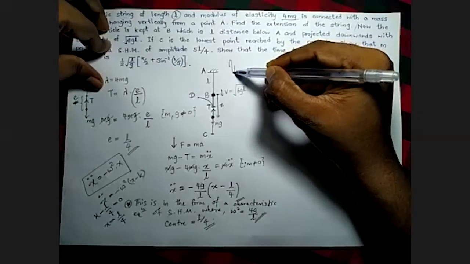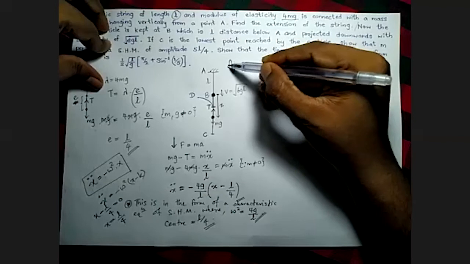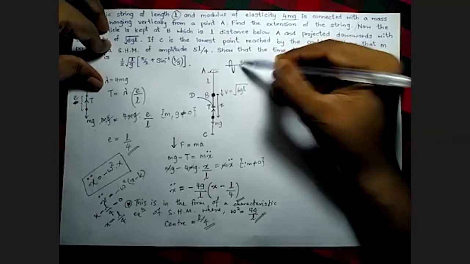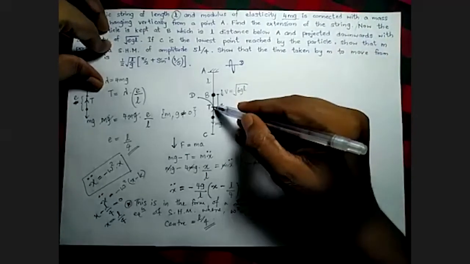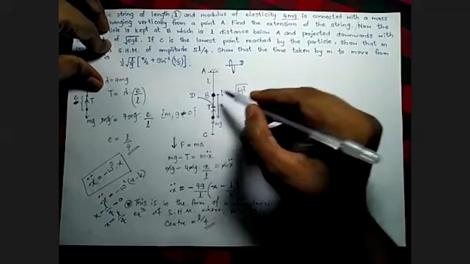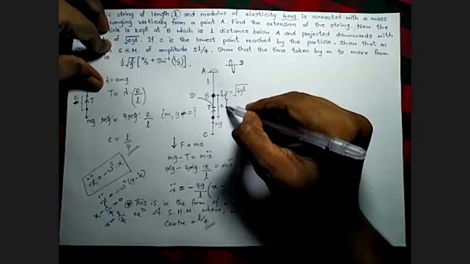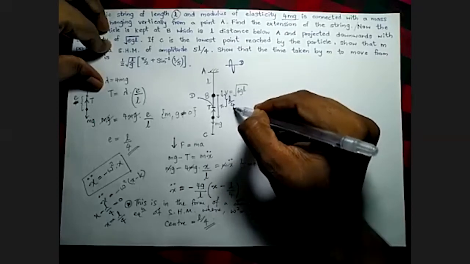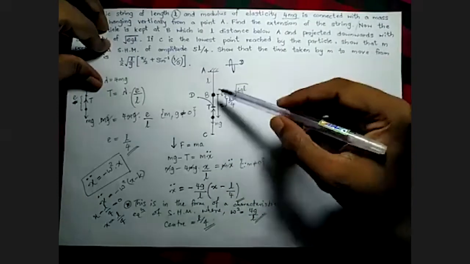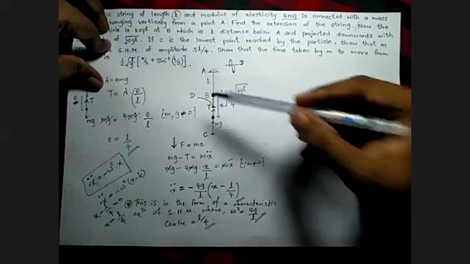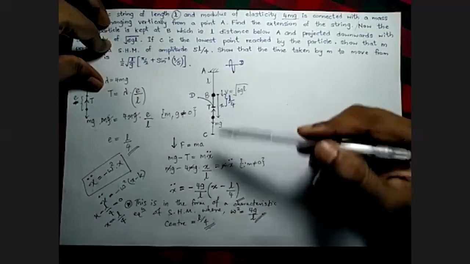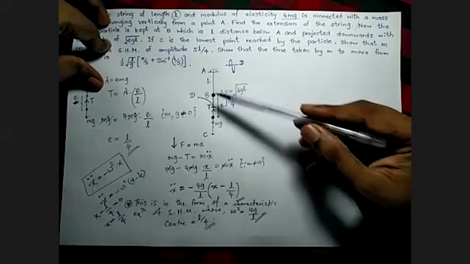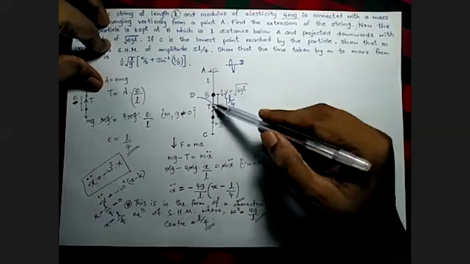This kind of motion, that center, this is my D. This D is L over 4 below B. That's what we found here. The center is L over 4 away from the starting point. So this is the center.